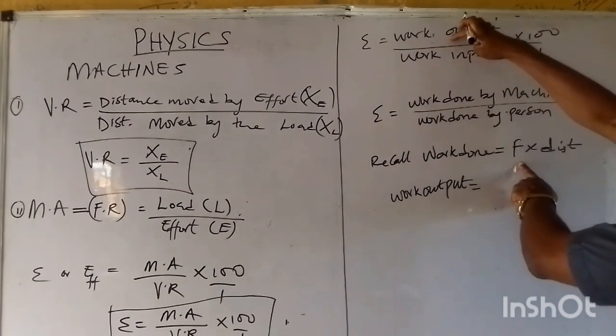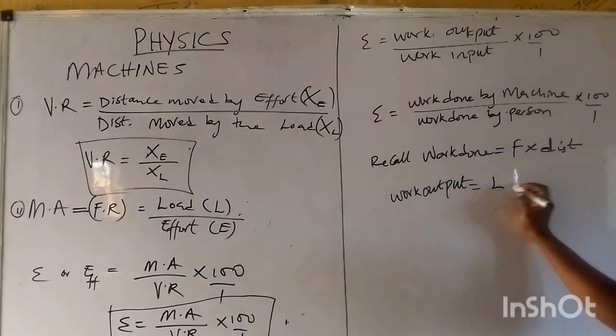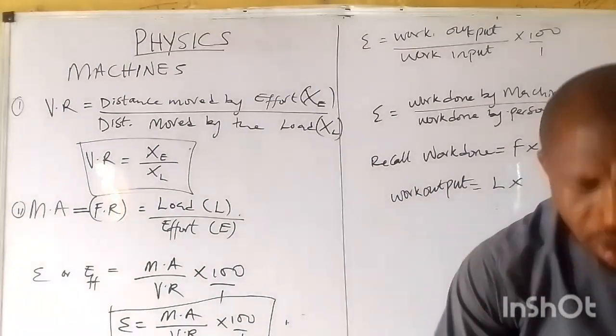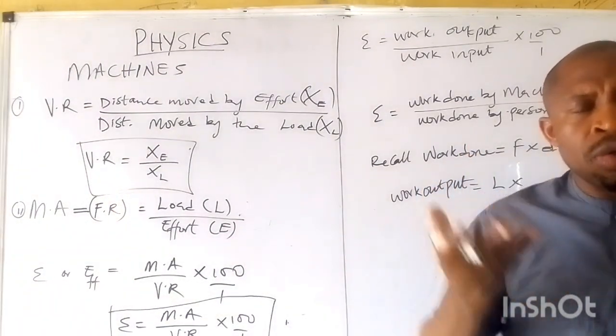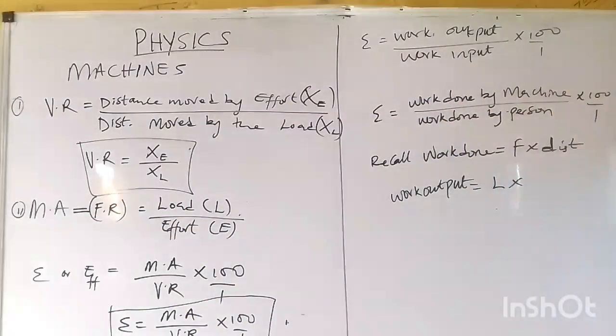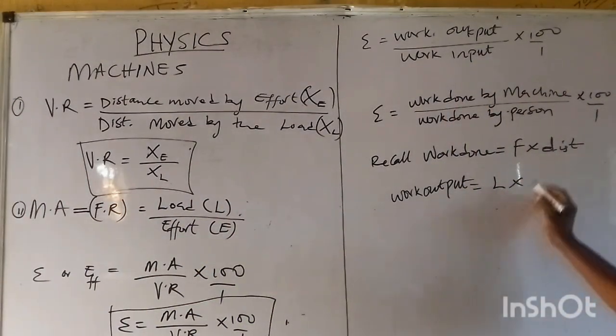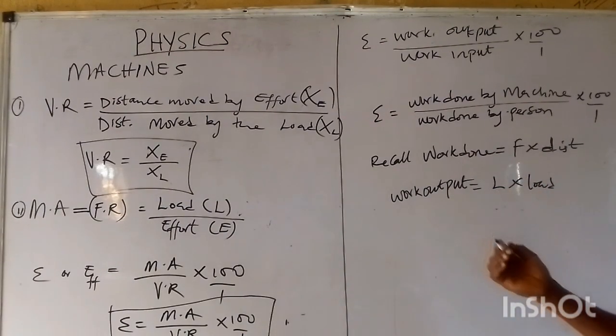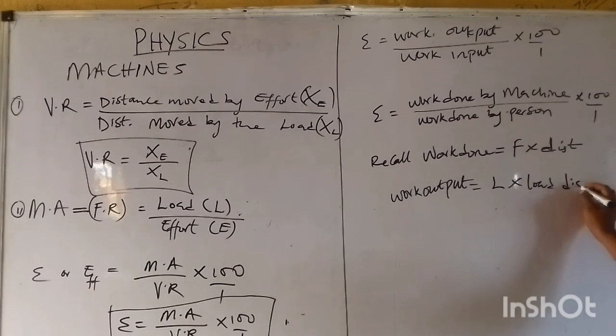The force here is the load times the distance moved by the load. Assuming you want to raise something up, you will take the load and then the distance you move that, which will give us load times load distance, or distance moved by the load, however you want to put it.